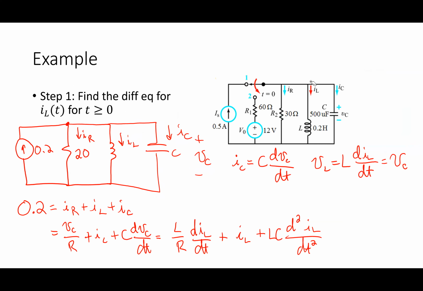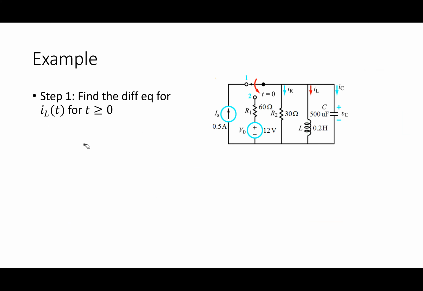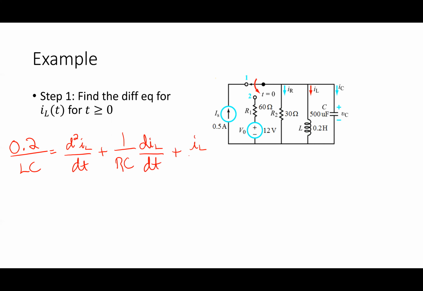So basically, I take this equation right here, and I turn it into 0.2 divided by LC equals d squared IL by dt squared plus 1 over RC dIL by dt plus IL divided by LC.